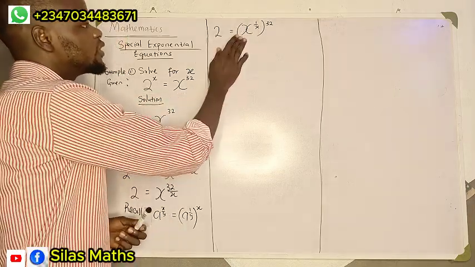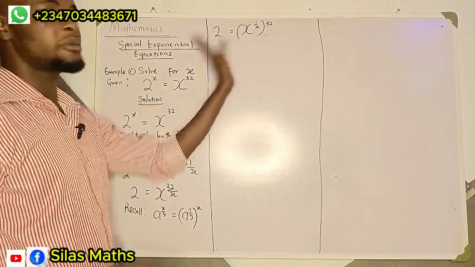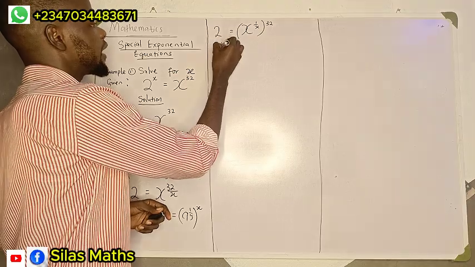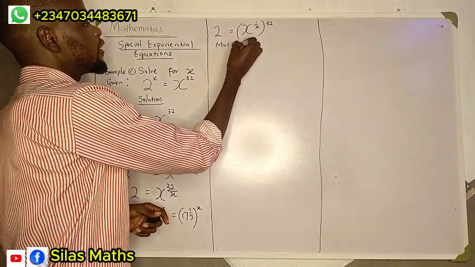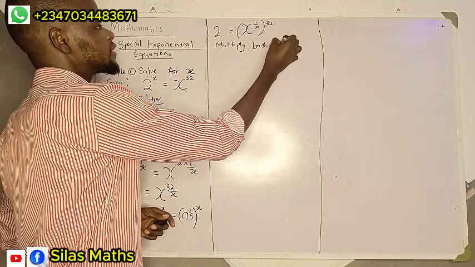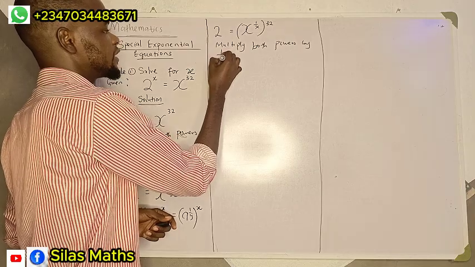Okay, now to take away this 32 from here, I'll have to multiply both powers again by 1 over 32.